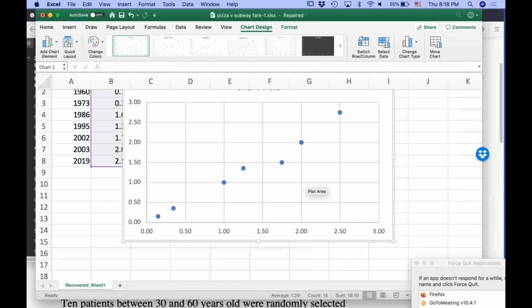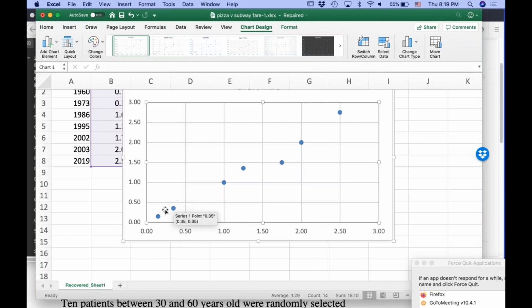So if you look at that, you can see as one goes up, the other goes up. In this scatter plot, each dot represents the X and Y coordinates: the X-axis is cost of pizza, and the Y-axis is cost of subway. So this dot is 2.50 on the X-axis, pizza, and 2.75 on the Y-axis for the subway fare.